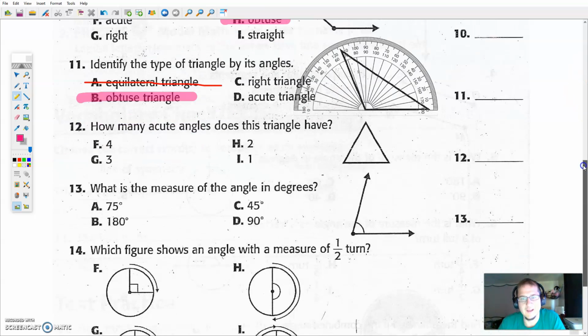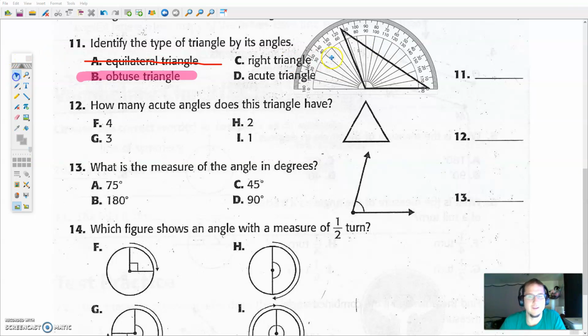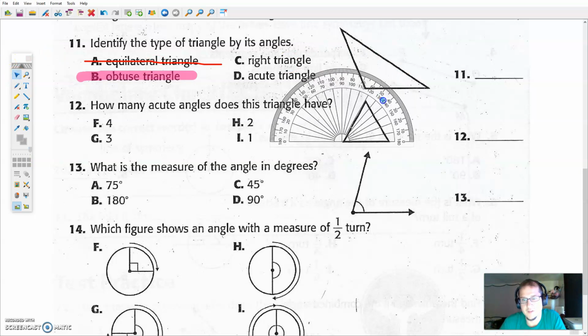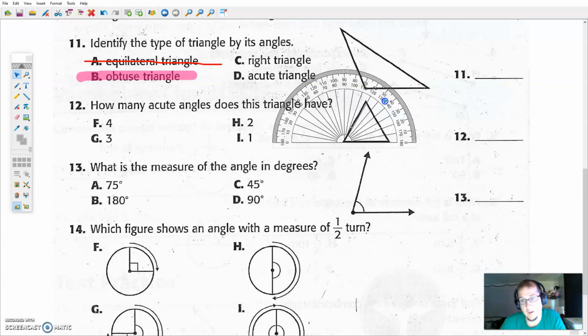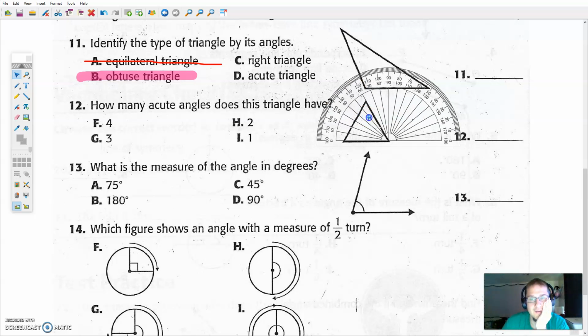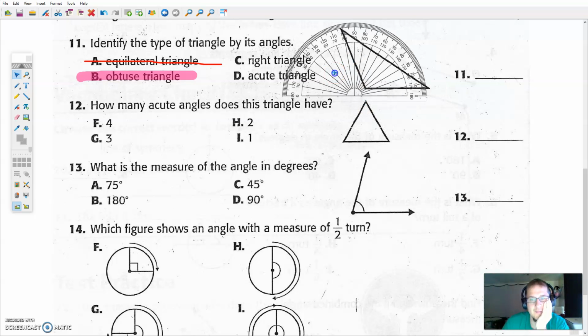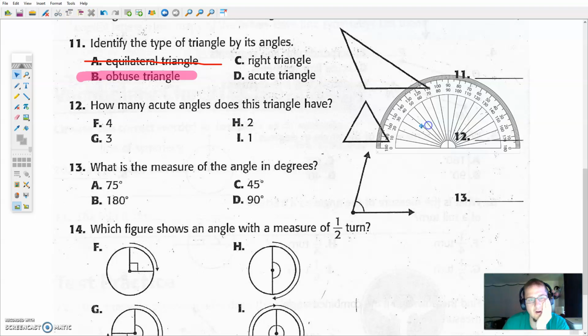Again, this one looks like an equilateral triangle, which means all three sides are equal. It may or may not be, but that doesn't matter because what it wants to know is how many acute angles we have. All three of those would be less than 90 degrees, so that has 3 acute angles.